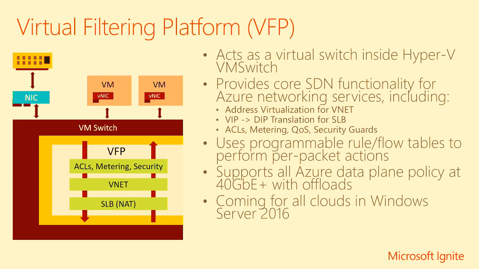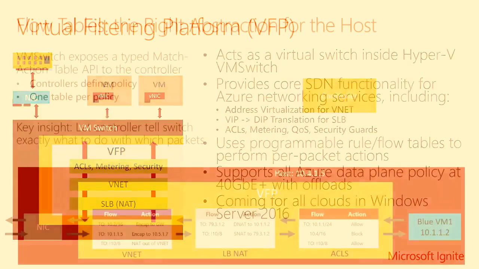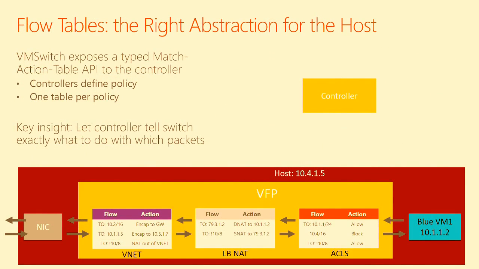So you have one public-facing VIP, and you will have multiple servers behind it, and you will have to do the VIP to DIP conversion. So that's another layer within the VFP. And then the third one is the security layer, what we saw in the access control list or NSG. These are the 3 layers that help you define the policy from the controller.